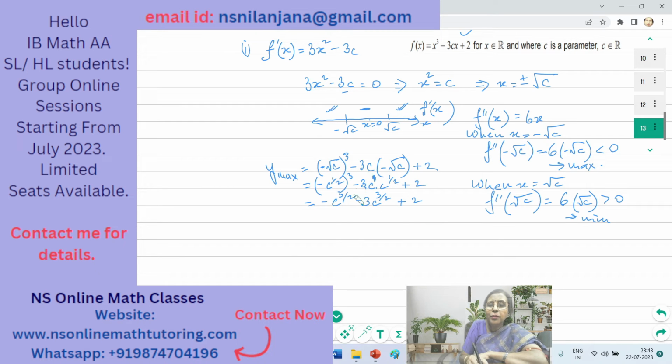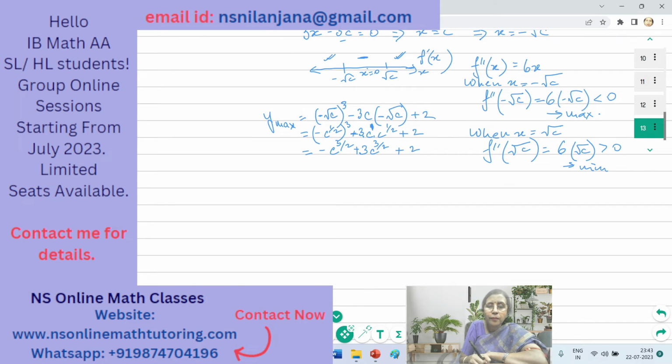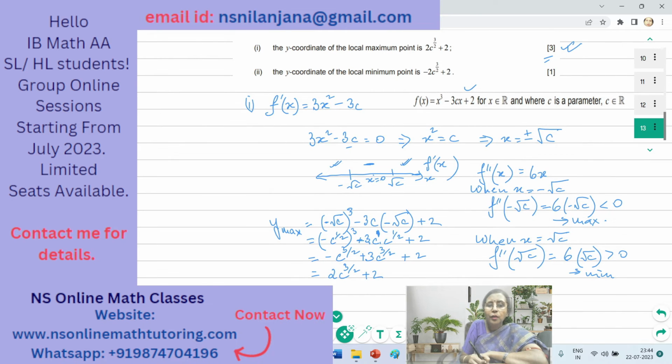But I should have a plus sign, sorry, because this is minus and this is minus. So this is minus c to the power of 3 over 2 and this is plus 3c to the power of 3 over 2. They are like terms, so we can add them and it will be 2 times c to the power of 3 over 2 plus 2.